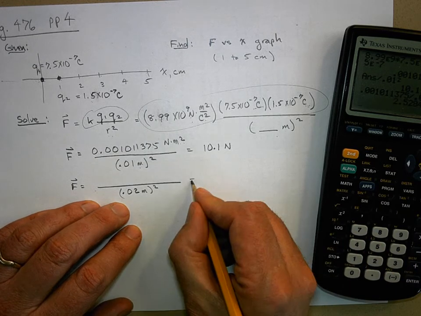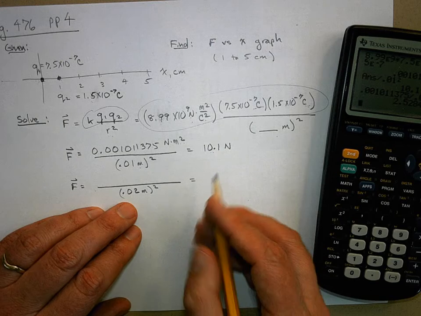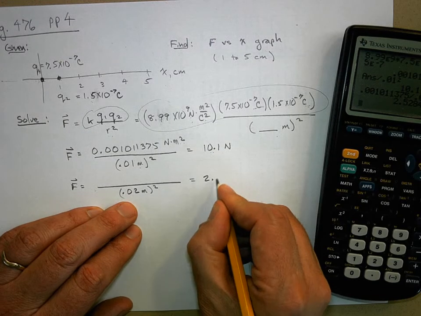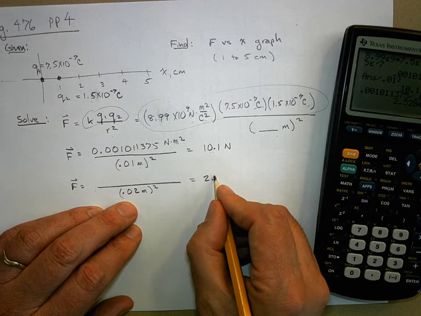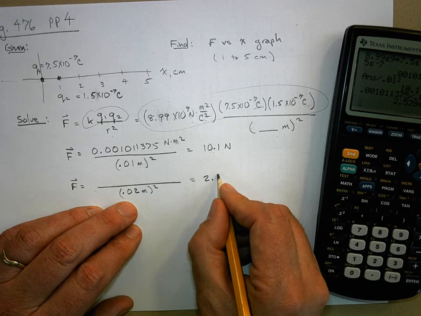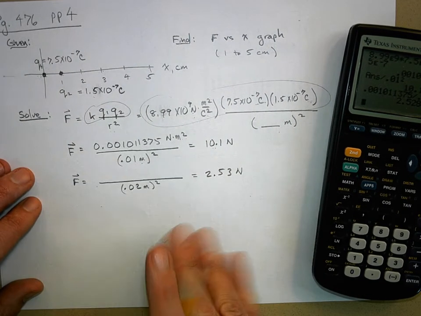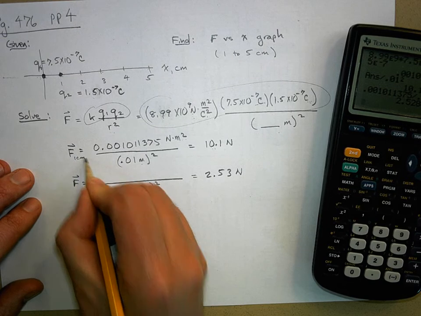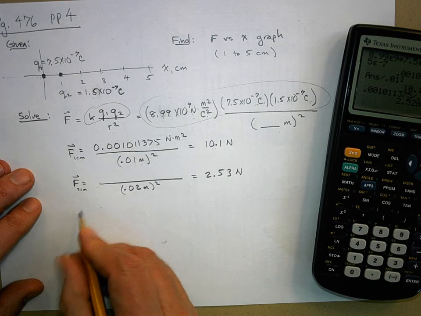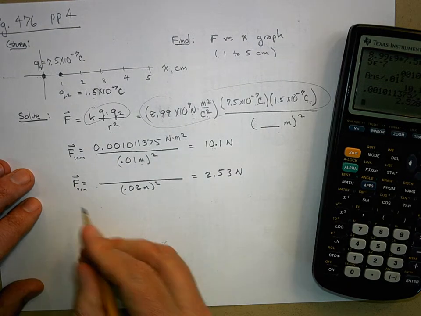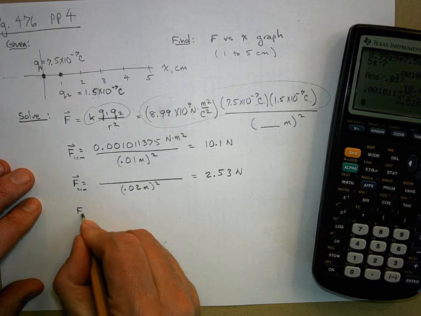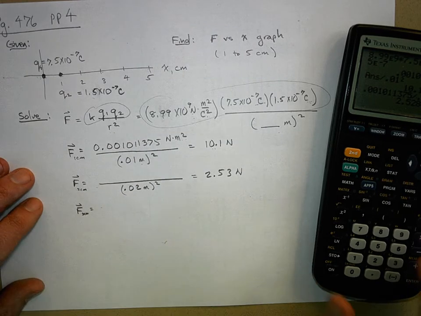And not surprisingly, I get 1/4 of that, which is 2.53 newtons. So this is at 1 centimeter, this is at 2 centimeters, and then we'll do 3 centimeters next.